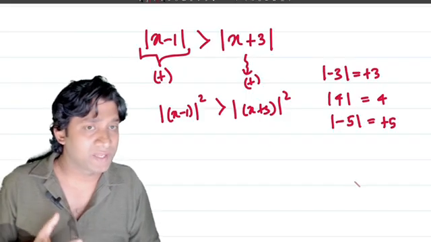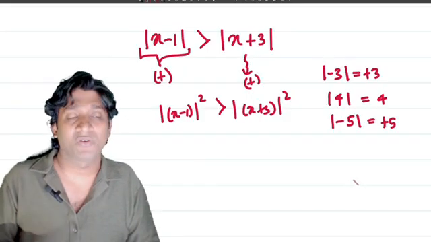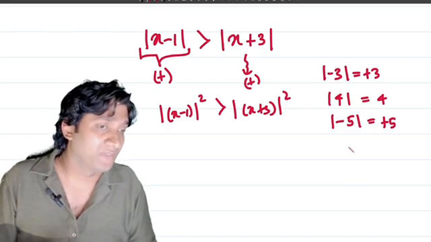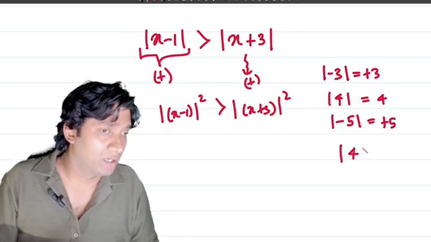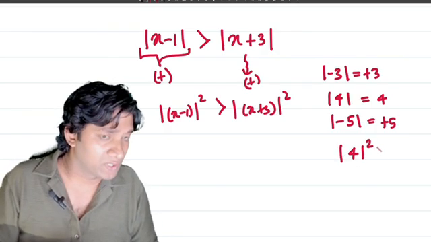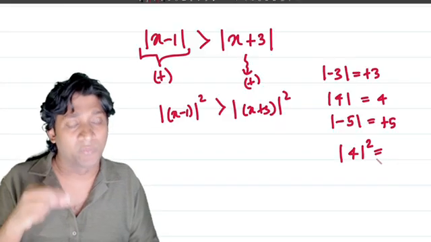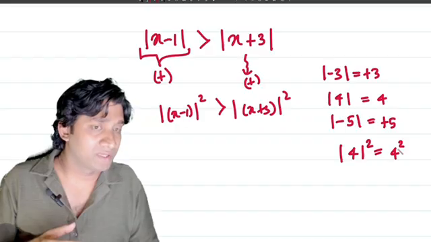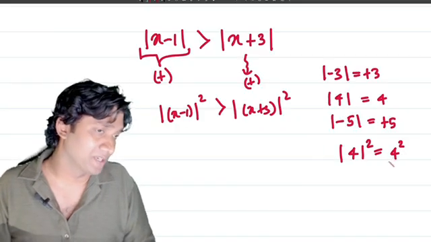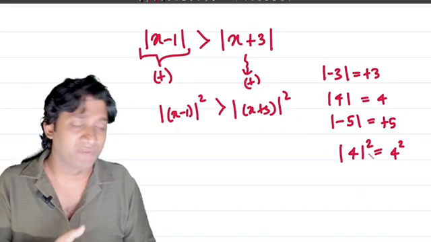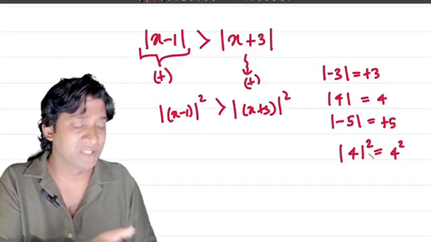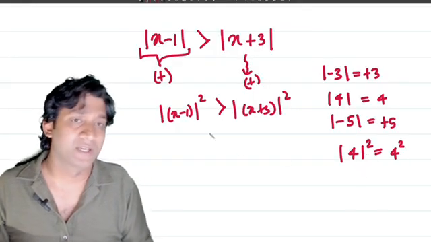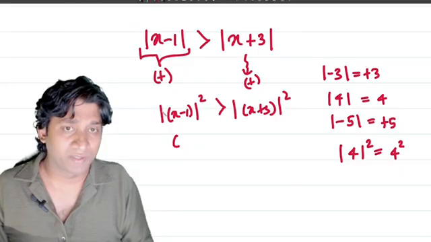As we know the theory of modulus, we are allowed to square any modulus, and it gives a result without modulus. So we don't need to keep the modulus. We can consider the square of the expression inside the modulus, so we don't need to write the modulus signs.